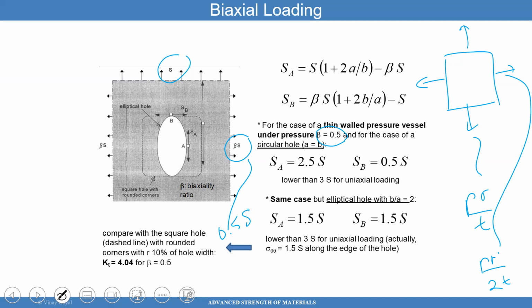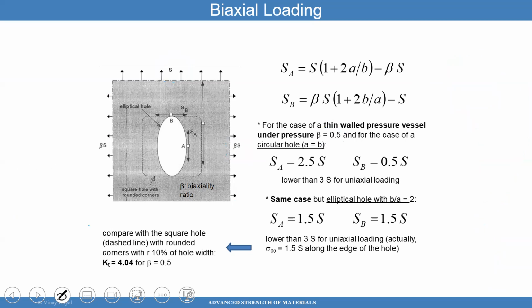What this is showing you is what the stresses SB and SA are as a function of beta. And you can see for a pressure vessel, SA is 2.5S and SB is 0.5S. So that stress here, SA, is lower than the uniaxial loading condition.